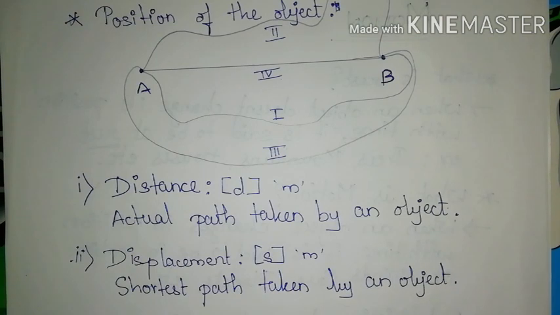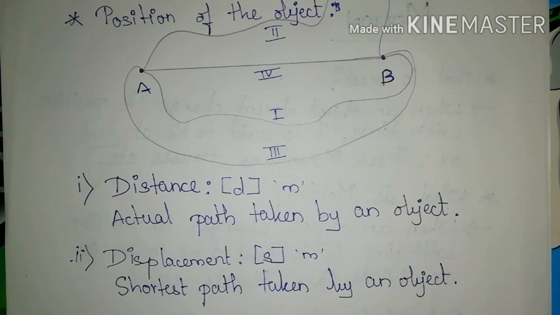Whenever we travel by road, by train, by air or by water, we measure distances. We do not measure displacement. In day-to-day life, we use the word distance more than displacement, because we actually take the longer path to reach from one point to another point, whereas displacement is usually used in measurements of atomic particles like electrons, protons.